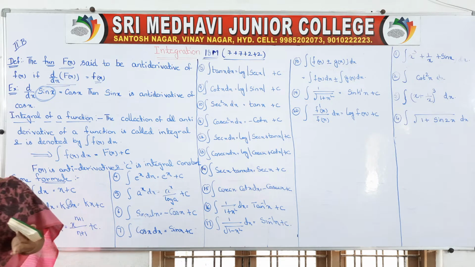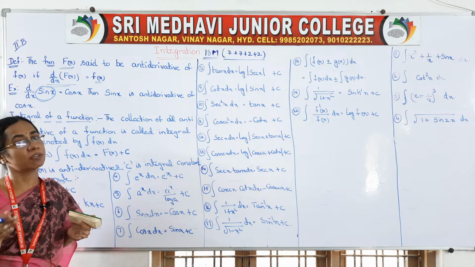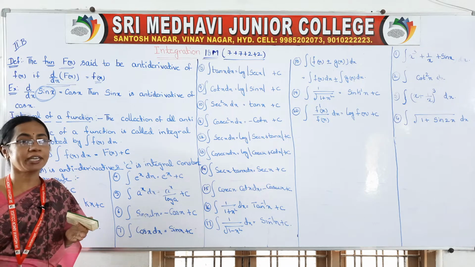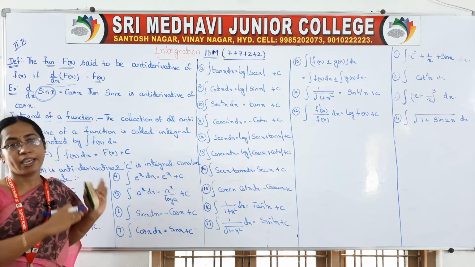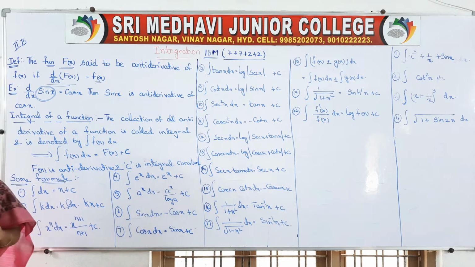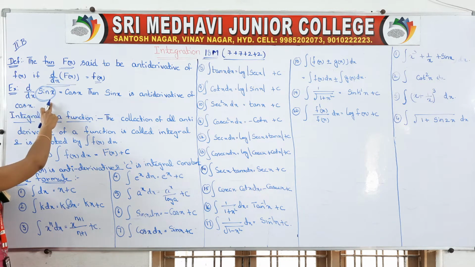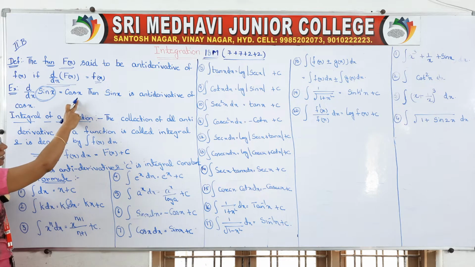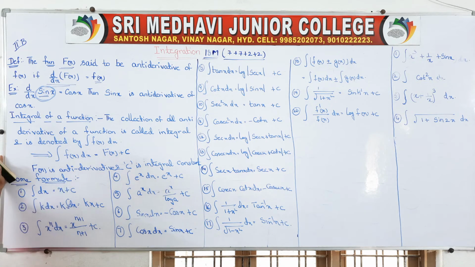So once again, you open your first year calculus notebook and go through the differentiation formulas. They are needed to solve these problems. That is the basic thing. Entirely, integration is a reverse process of our differentiation. So d by dx of sin x is cos x, then we can say this sin x is an antiderivative of cos x.